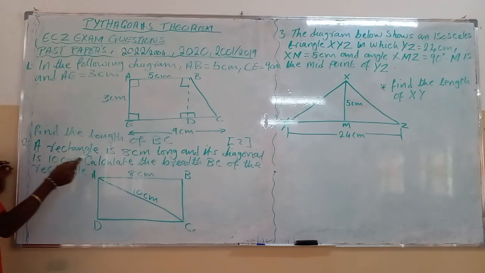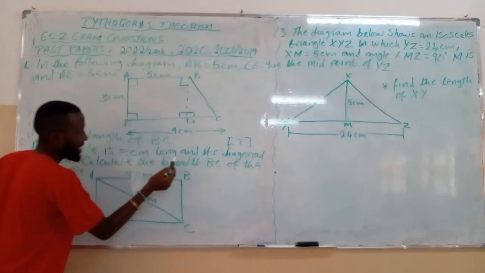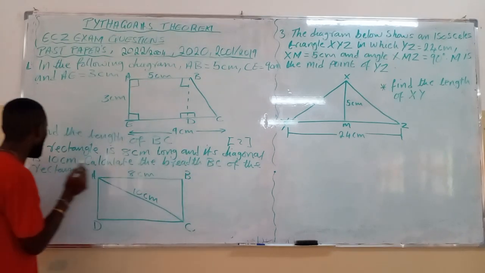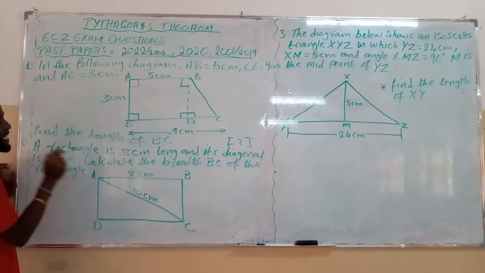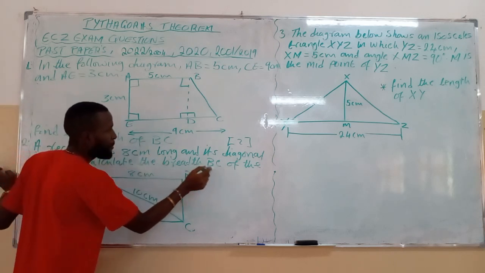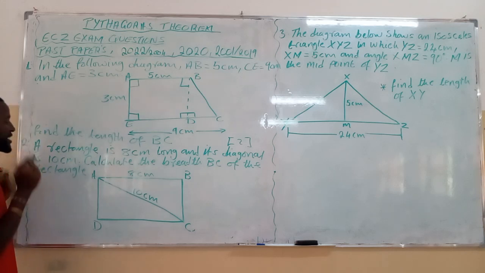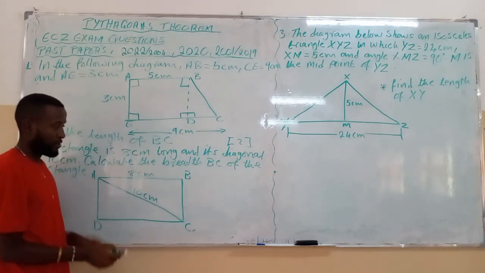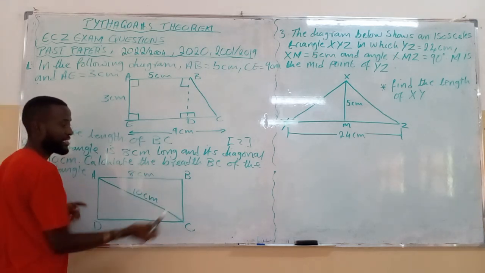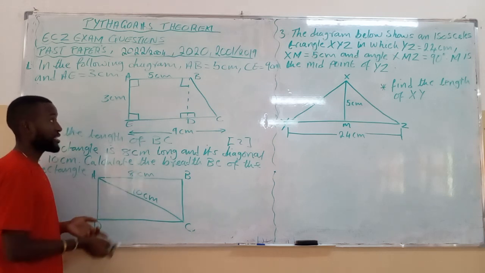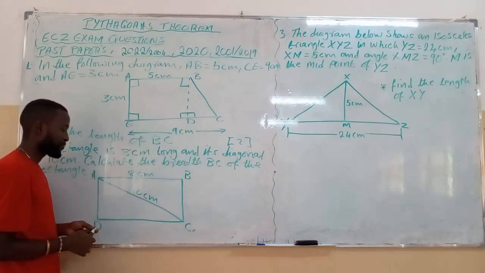Question 2. The rectangle is 8 cm long and its diagonal is 10 cm. Calculate the breadth BC of the rectangle. So this is a rectangle. Remember I told you that this length and this length are equal. This length and this length are equal in a rectangle, which is the same as this one.